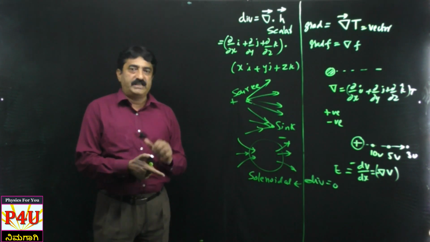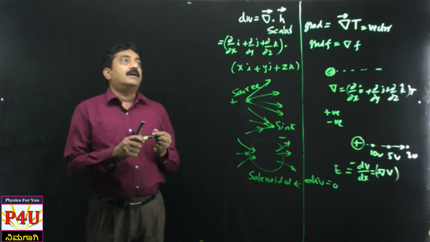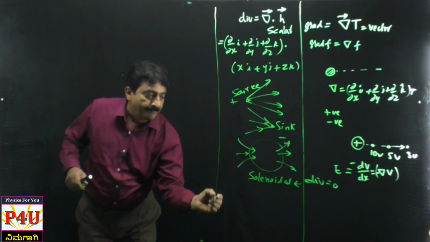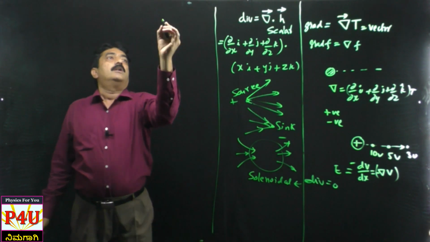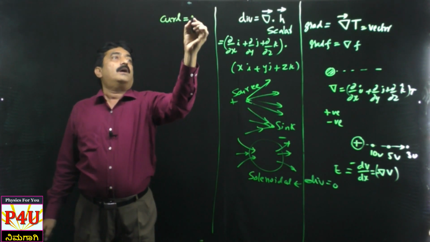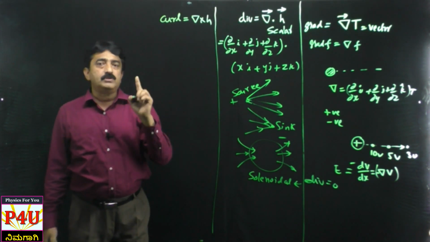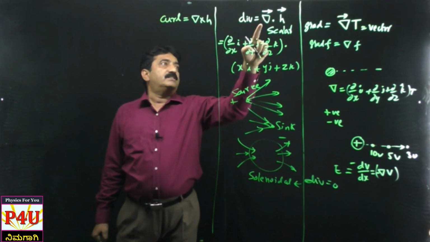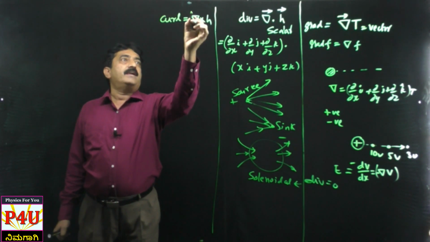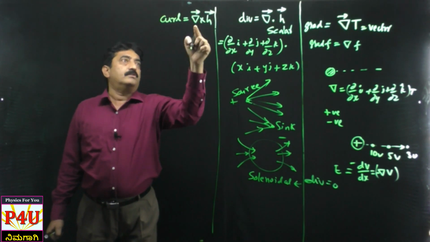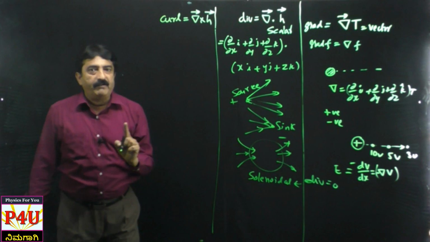This is about divergence. And next, finally, curl. Another parameter is curl. See here, I simply multiplied. Here I took the dot product. Now I am going for the cross product. Divergence is the dot product of del and a vector. Curl is the cross product of the del operator and a vector.